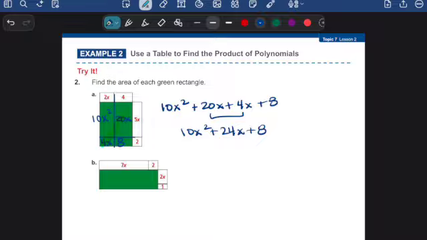Okay, part B. Let's do the same thing. I'm going to divide it up so it looks like an area model. And then just write the numbers, the areas inside. 7 times 2 is 14. X times x is x squared. 2 times 2 is 4 times x. 7x times 1 is going to be just 7x.